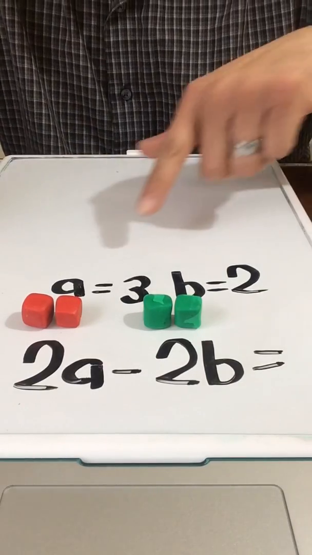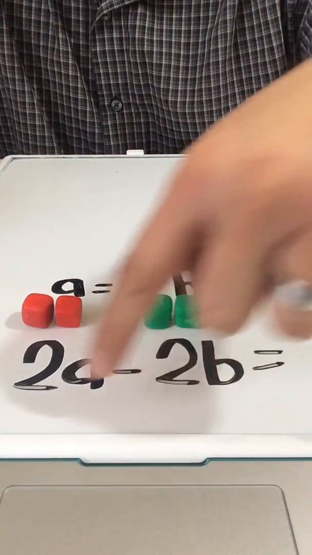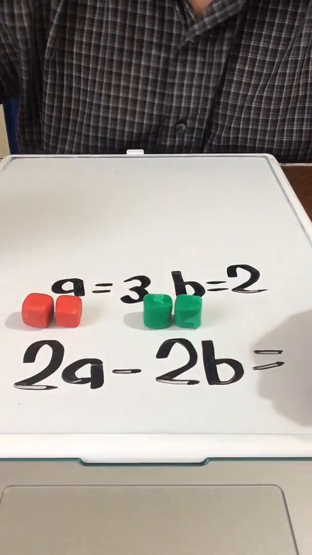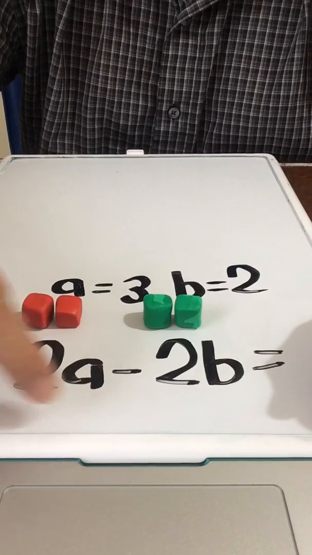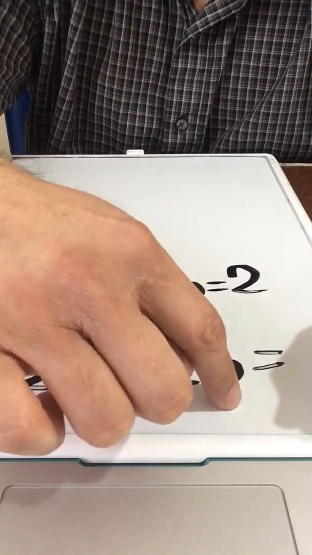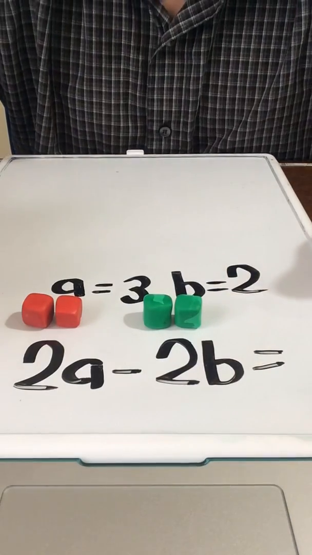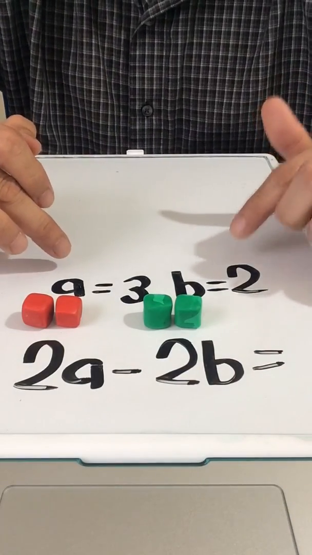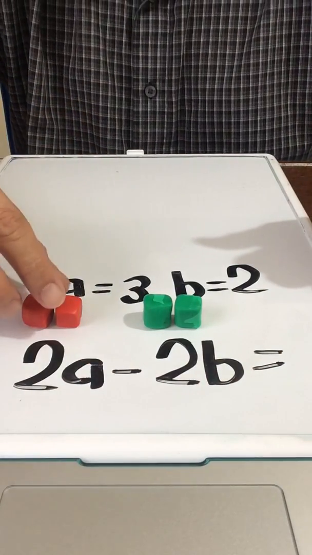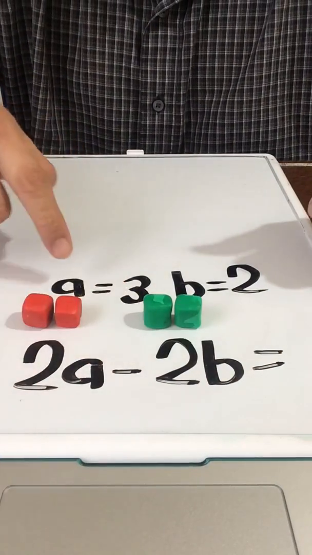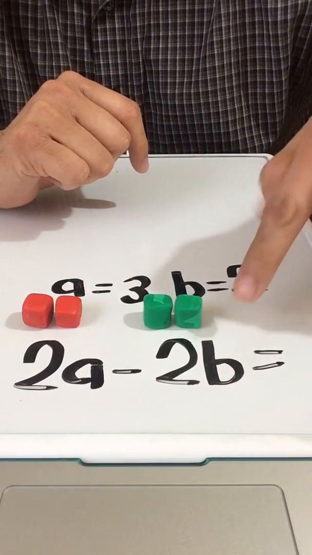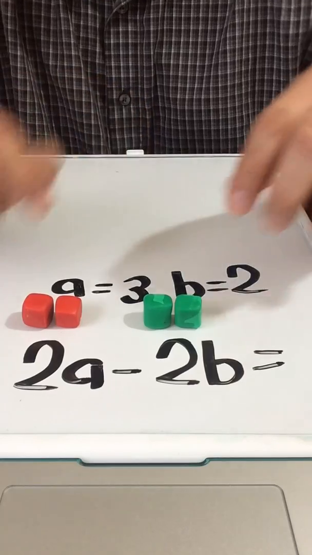Now, if you look at the problem, you know that it is a multiplication and a subtraction problem, because 2 alpha is 2 times some number minus 2 times another number. And you have to solve the problem by substituting the values in for the variable. So 2 times 3, because alpha equals 3, minus 2 times 2, because bravo equals 2.